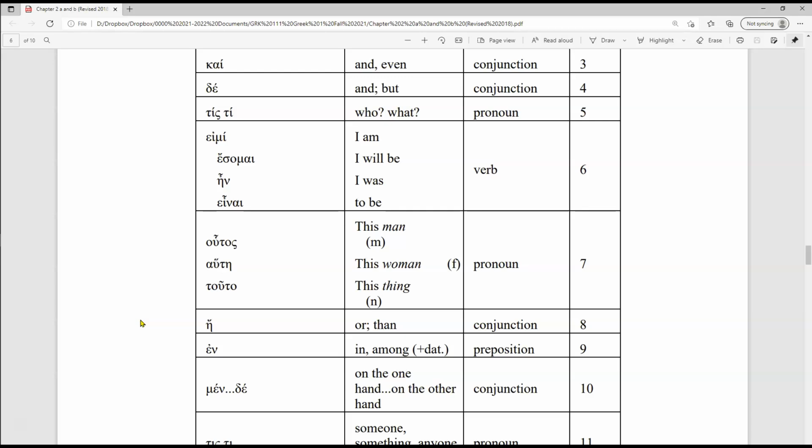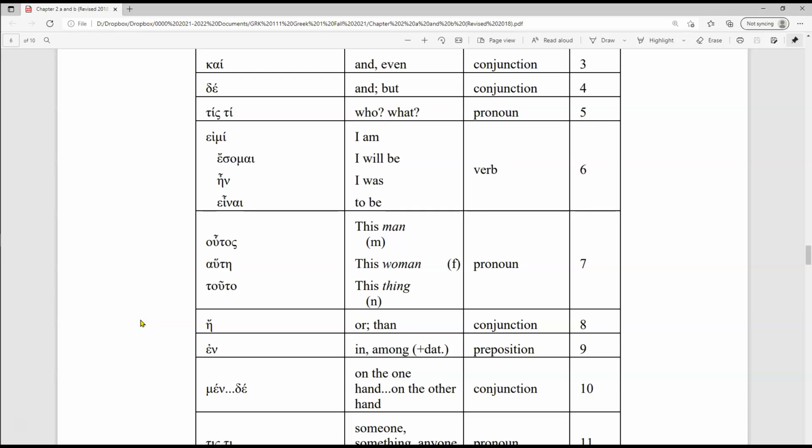We already know that from en arche en ho logos, right? From John 1. And einai is the infinitive. So I am, I will be, I was, to be. All you have to write on the vocab quiz is I am. If you get any of the other of these right, that's extra credit.